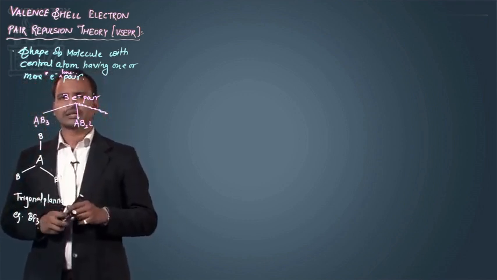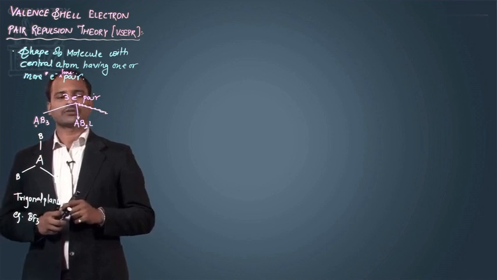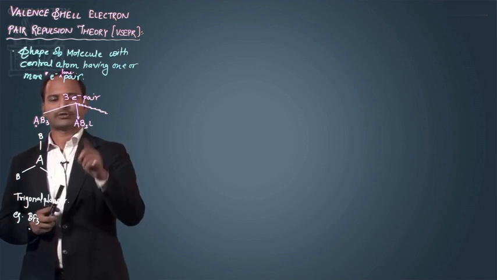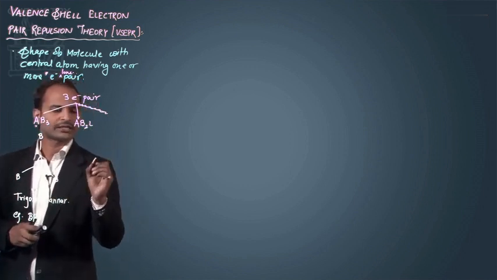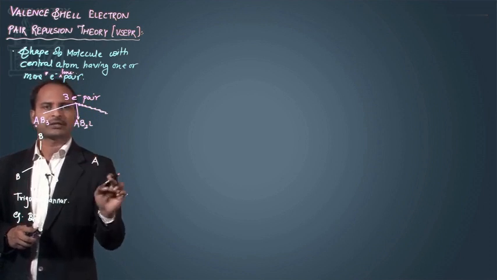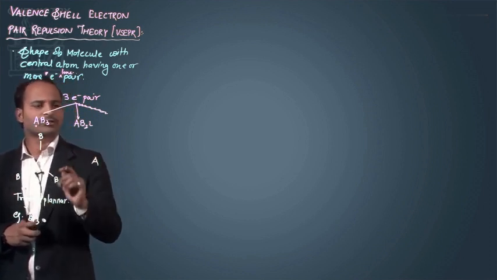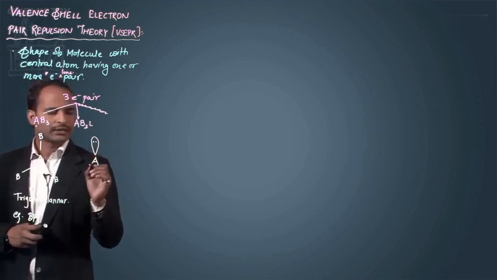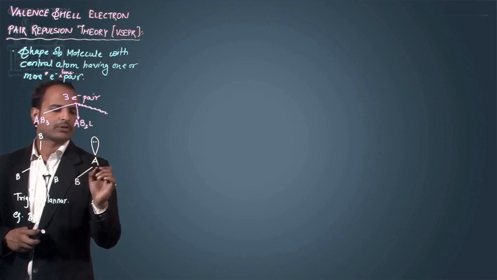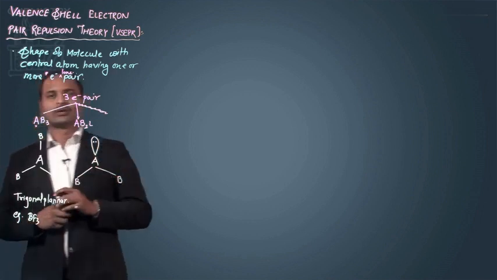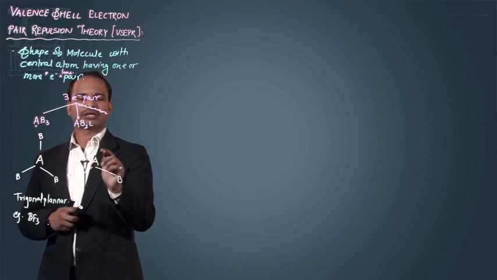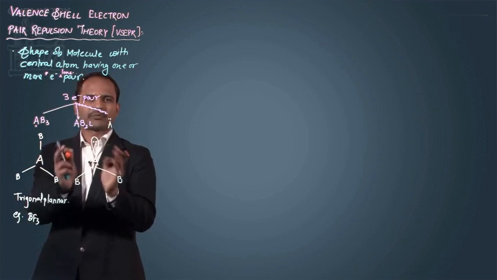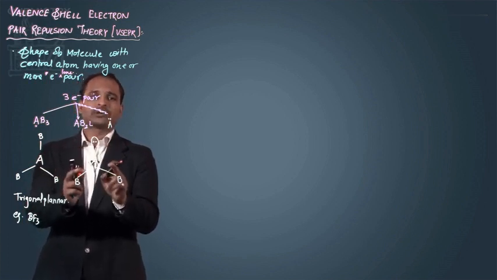Second is the AB2L type. AB2L type means where one electron pair is a lone pair. There are again 3 pairs of electrons. Suppose A is the center, with 1 pair, second pair and third pair. Out of the 3 pairs of electrons, 1 electron pair is a lone pair. So this is the lone pair here, and these are the other electron pairs which are forming bonds. The lone pair doesn't decide the shape by itself, it decides the shape only because of its repulsion.